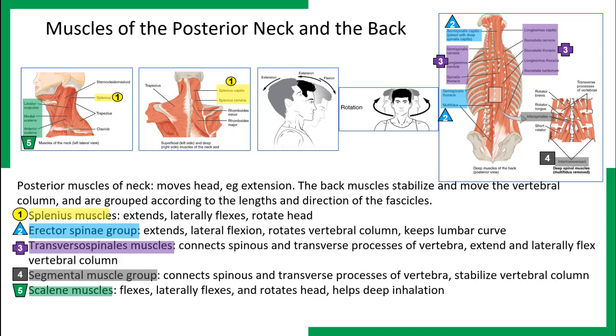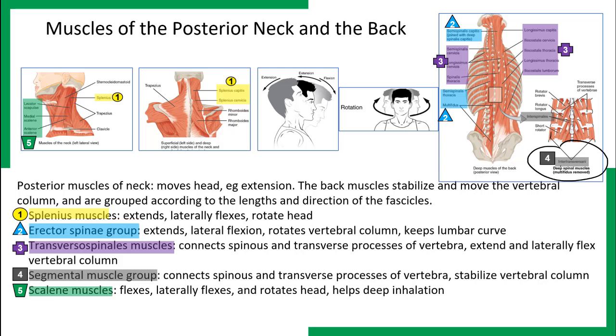And you see here these very short muscles indicated in 4. Basically they connect one process, a process being a part of the bone that sticks out, to the process of the vertebrae above and below, right? So these short muscles are collectively called the segmental muscle group in 4.